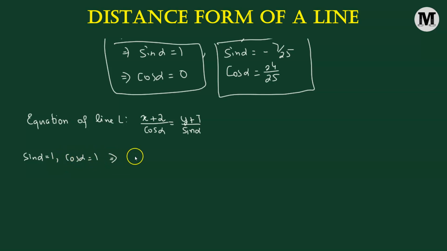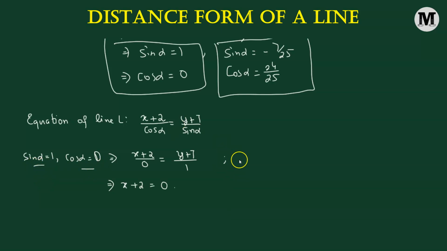In that case, our equation is going to be x plus 2 divided by 0 equals y plus 7 divided by 1. So when we cross multiply, x plus 2 multiplied by 1 leaves us with x plus 2, and 0 times y plus 7 is simply going to give us 0. So this is going to be the equation of the line when sine alpha equals 1 and cosine alpha equals 0.